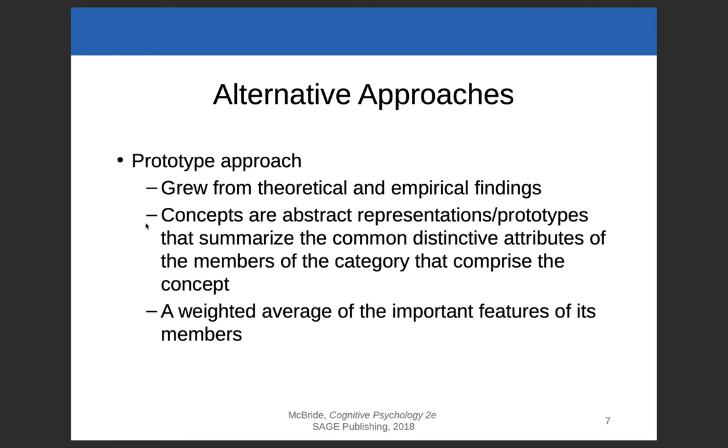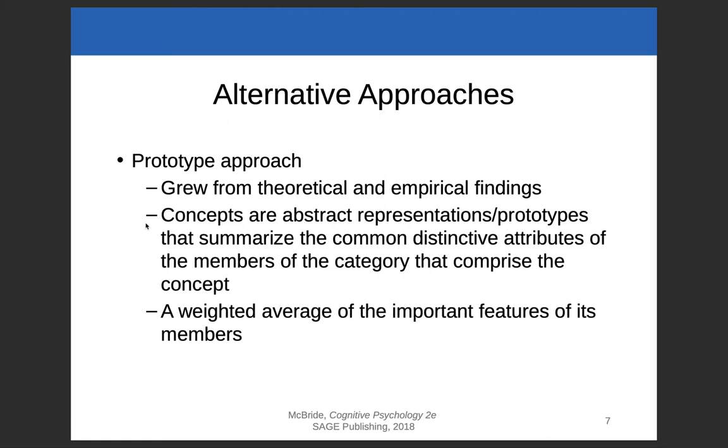One of the alternative approaches to the definitional approach was the prototype approach. And this was really the first major theoretical foundation that was put forth as a result of some of this early research that I mentioned earlier. Essentially, what it says is that concepts are abstract representations, or prototypes, that summarize the common and distinctive attributes of all the members of a particular category. So, for example, birds.